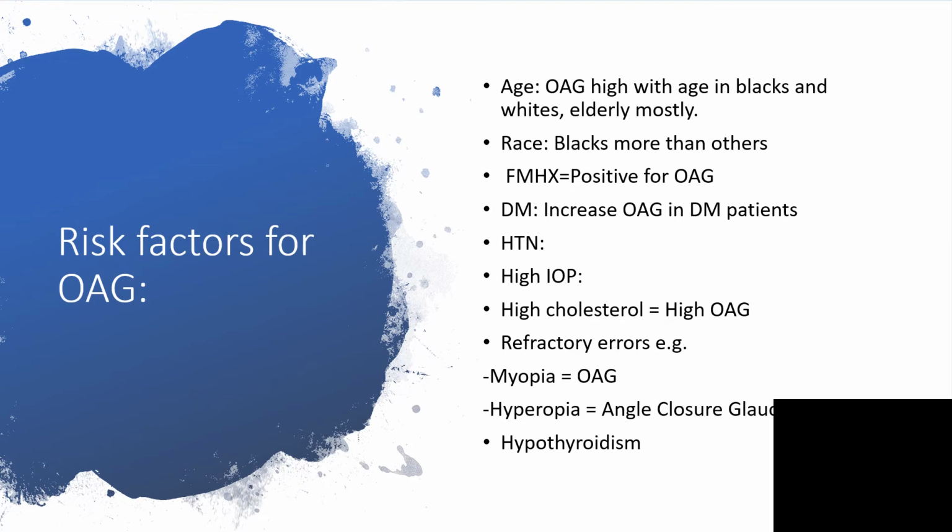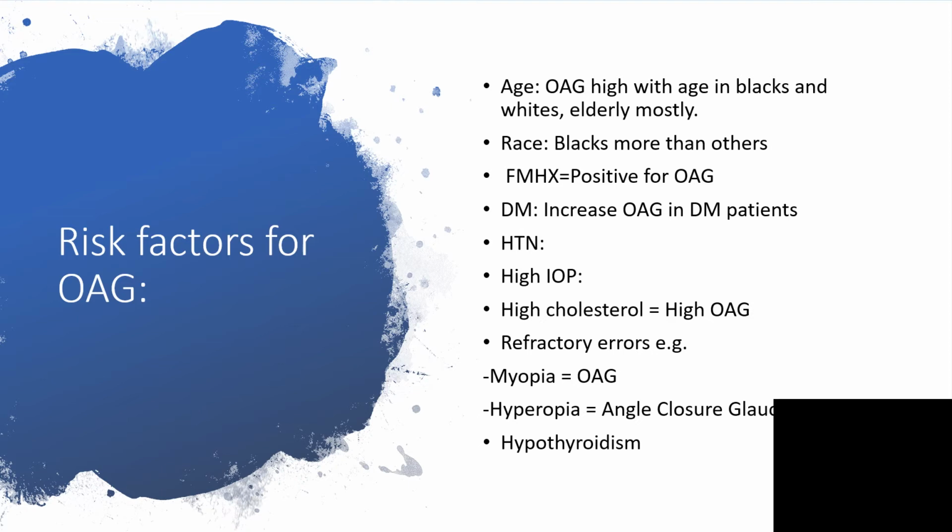Like I've just said, it is commoner among blacks than other races. Positive family history is a big factor here, so it's genetic. Diabetes mellitus will increase the possibility of open-angle glaucoma.